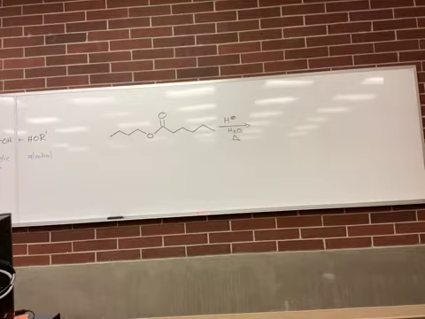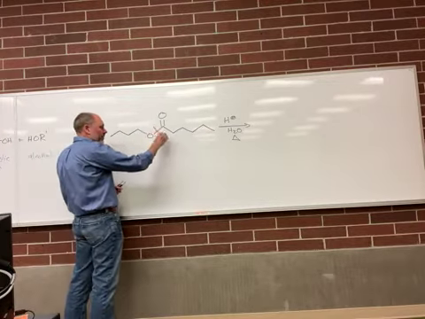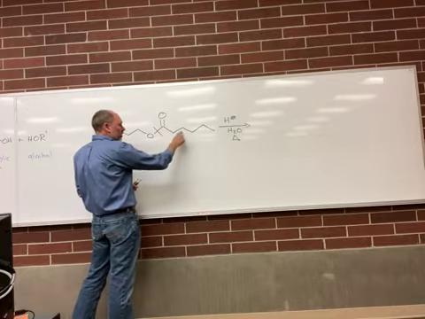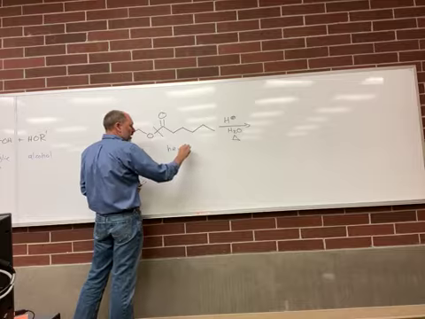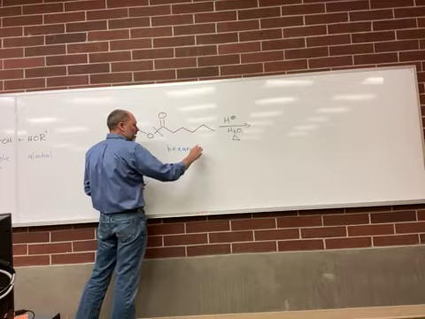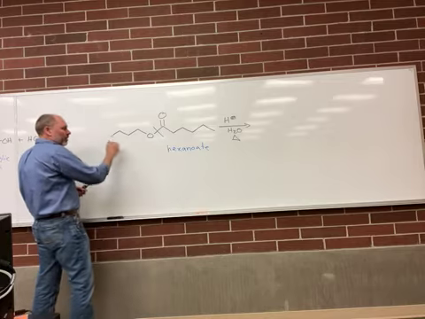Okay, so if you can name it, you can hydrolyze it. So my blue line goes here. This is going to be 1, 2, 3, 4, 5, 6. So it's going to be hexanoate. 1, 2, 3, 4 is butyl.